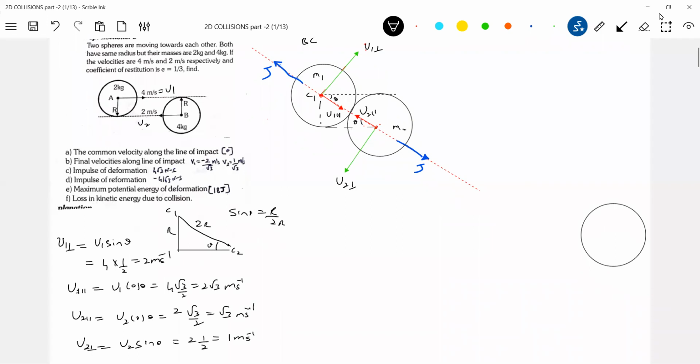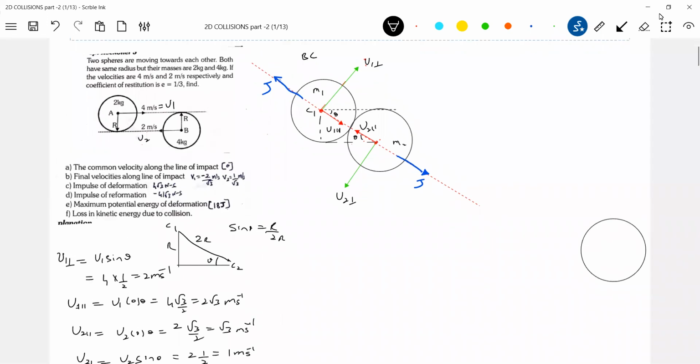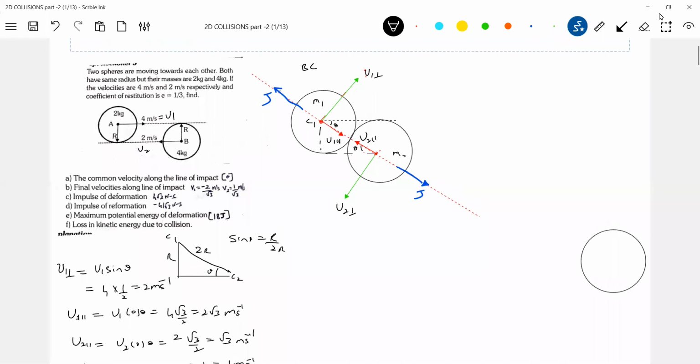Now look at that. Coefficient of restitution is given equal to 1 by 3. After collision, what is the one firm thing you can say? What will be conserved, and in what direction? I'm asking in what direction you are going to conserve momentum. In any direction, but what is the best way of doing this problem? Along the line of impact and perpendicular to the line of impact.